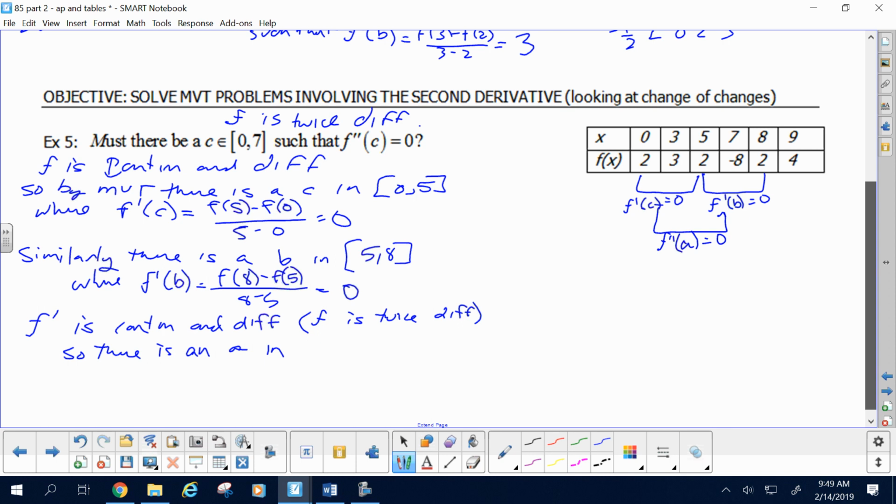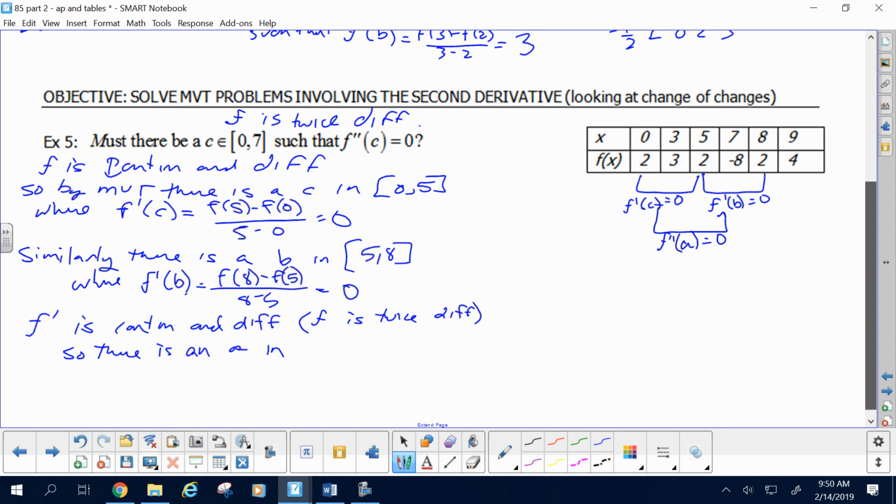Too bad. 0 to 8 is true, and they wouldn't take you off, but too bad. Nope. Where? Where does it happen? What are the endpoints you're using? C and B. Those are the endpoints you're using, right?